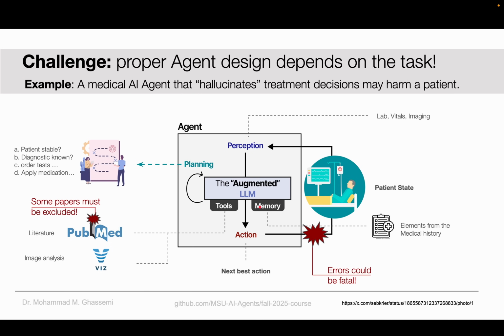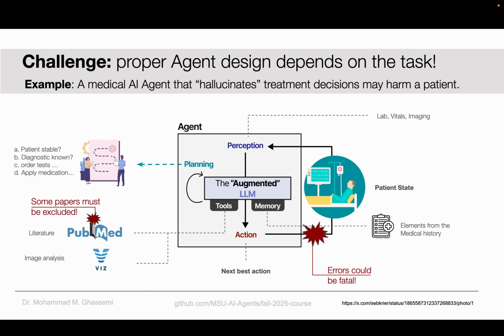The challenge here is that the proper design of an AI agent depends on the task. And just to give you an example here, let's say that this AI agent, despite having these tools and the memories and having carefully generated its plan, makes a mistake.